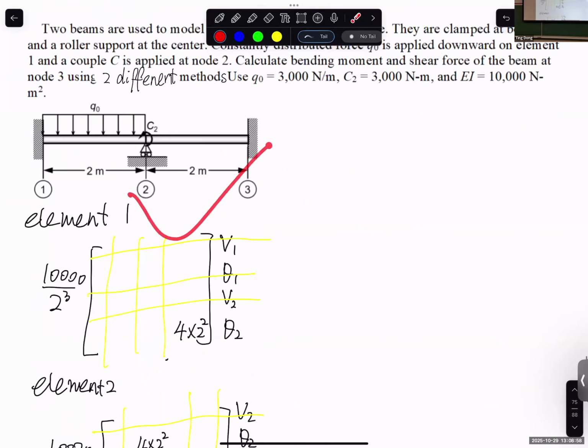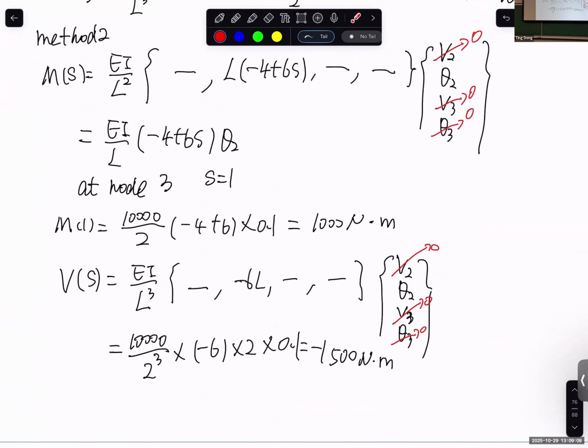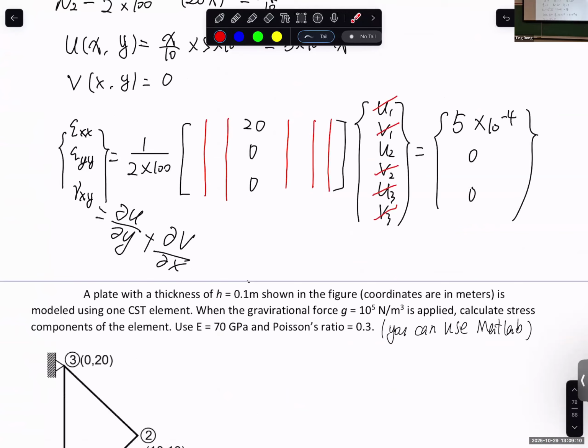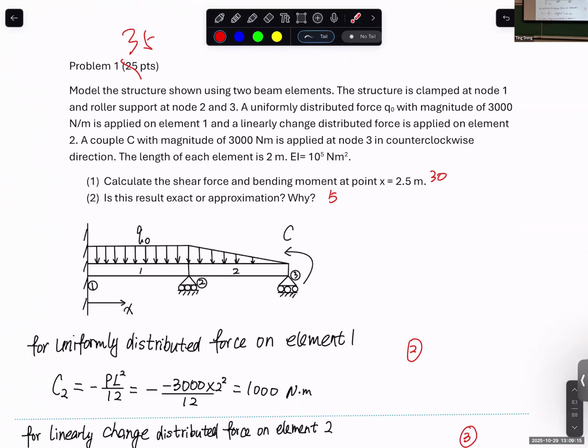We talked about different boundary conditions, different forces applied, and the extra couple applied. So these are the problems we practiced, and calculating minimum initial force. So I do not believe this is a surprise type of question.